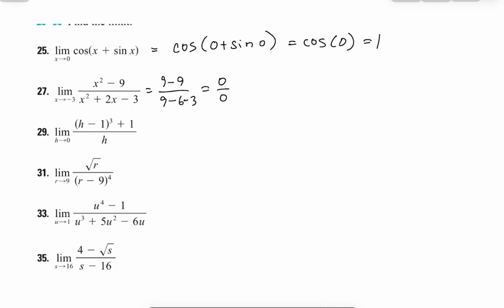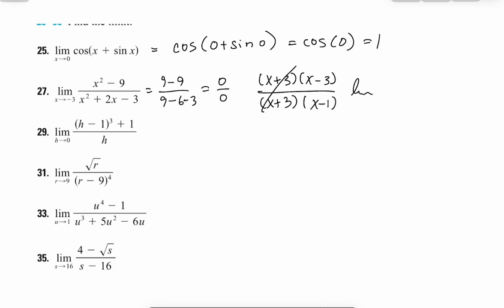problem. For polynomial over polynomial, the algebra can be fixed just by factoring. There's a factor on top and a factor on bottom. If it's -3, the factor is probably an x plus 3 causing the issue. So if we factor the top, hey, guess what? X plus 3 is in there. If we factor the bottom, we get x plus 3 and x minus 1. So you would cancel out the matching factor.